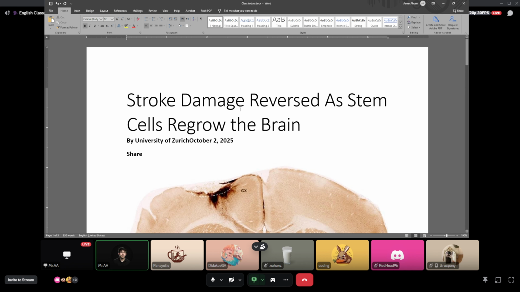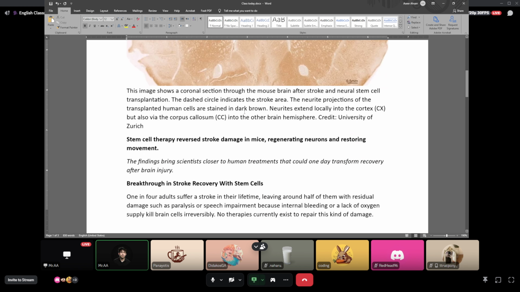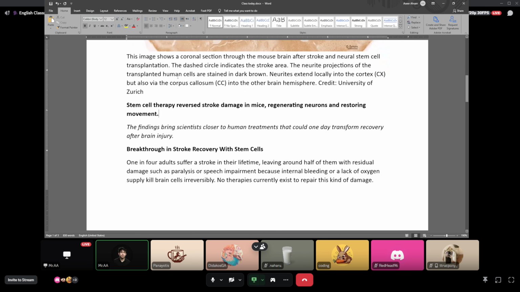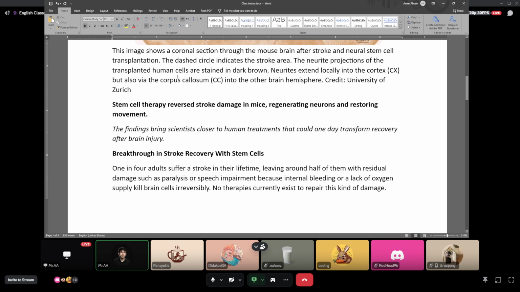Okay, so today's topic is about stroke damage reversed as stem cells regrow the brain. It is a very interesting topic. I did not spend much time on it, but here it is. How my class works is that you read and then we find certain words and I ask you the meaning of those words and I test you on those words.